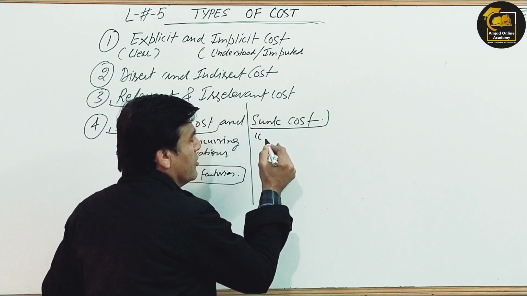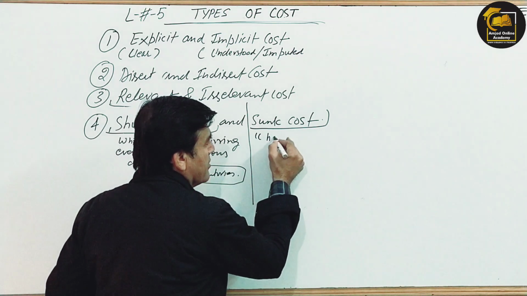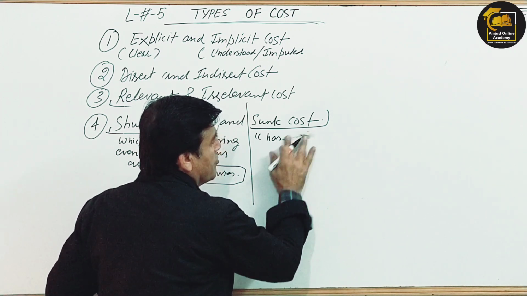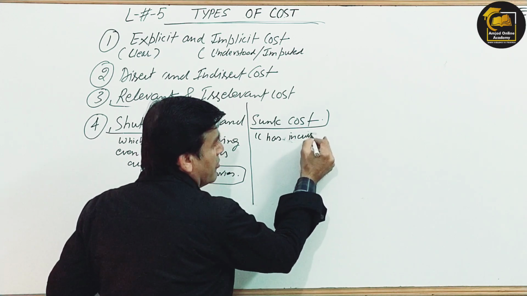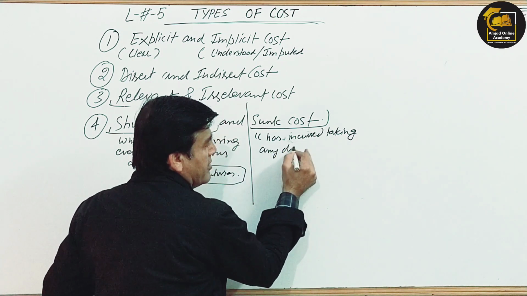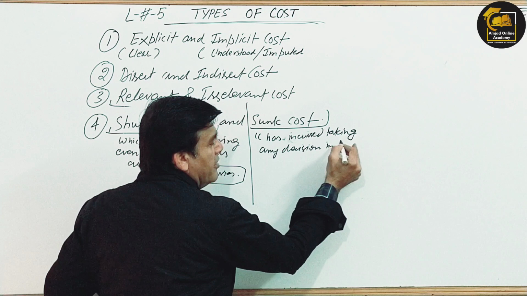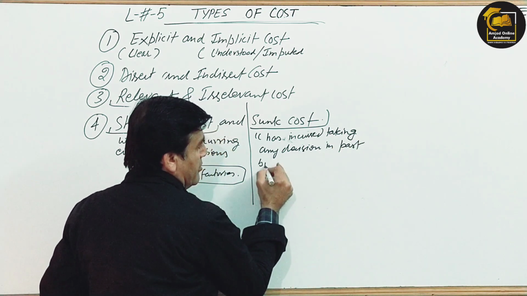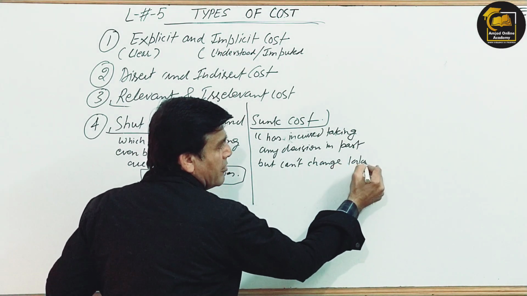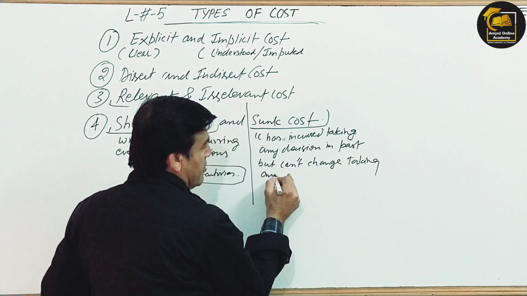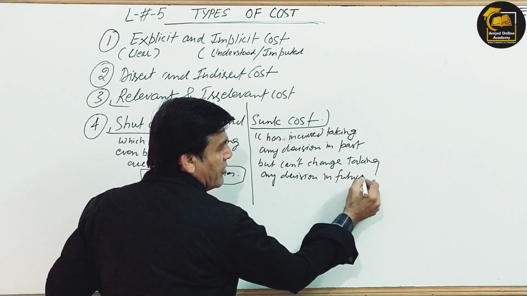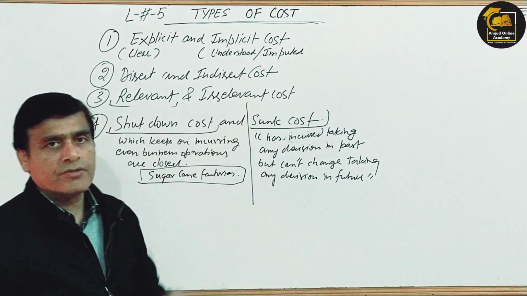You can say, if we come to defining that, the cost which has already been incurred by taking any decision in the past but cannot be changed by taking any decision in future, that is known as sunk cost.